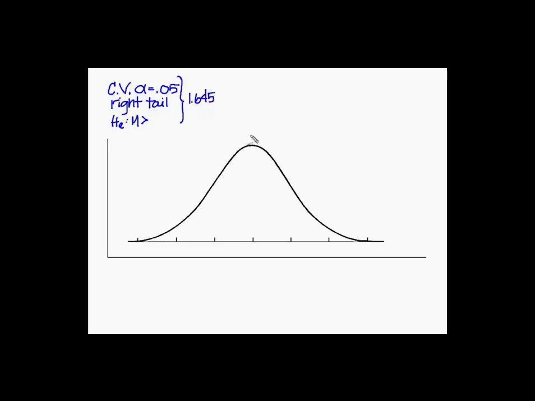So if I presume that this is my regular normal curve with a really squiggly line, and this mean is 0, then I know that 1.645 is going to be like here, not drawn to scale, as we, of course, know. And so that defines for me that all of this area here is the rejection region, right? Remember, think of it like football.